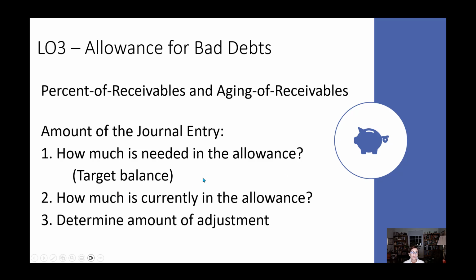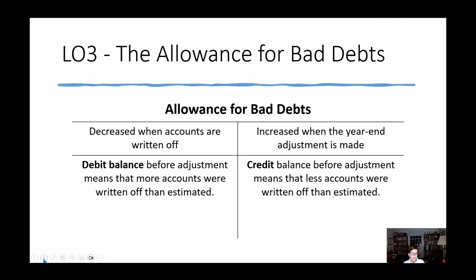This is called our target balance or our desired balance. How much does the company need in the allowance at the end of the year? Again, that's based on history. Then we have to take a look at how much is currently in the allowance. And based on those two things, we determine the amount of the adjustment. So let's look at the percent of receivables method.